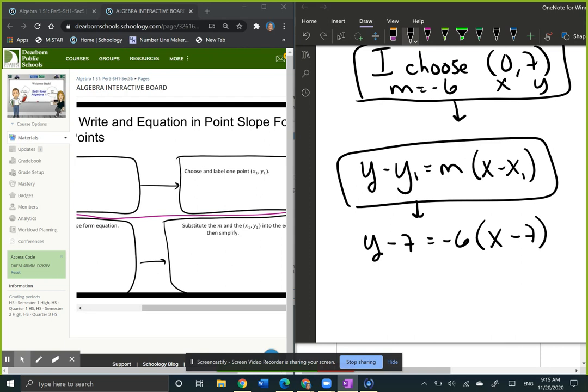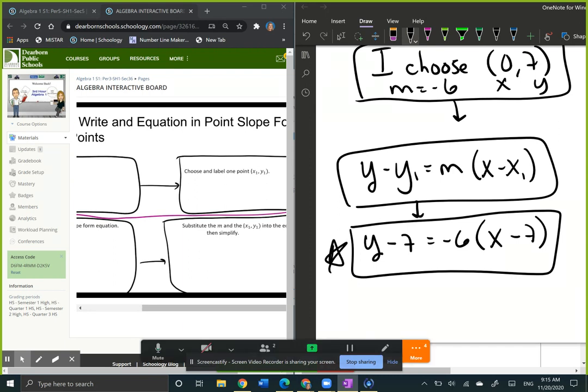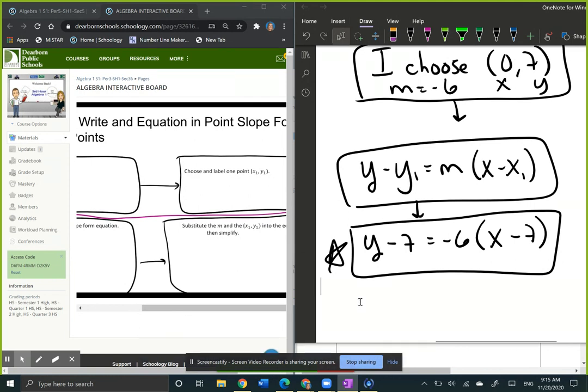If you leave it like this, it's fine. If you go ahead and simplify it more, that's fine too. You don't have to simplify it anymore. I mean, you can, and we'll work on that as the semester progresses, but for this test, this is okay.